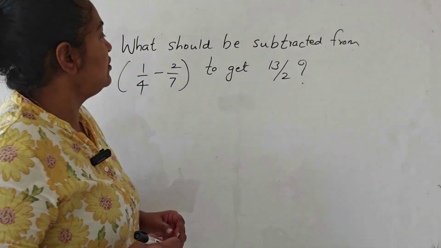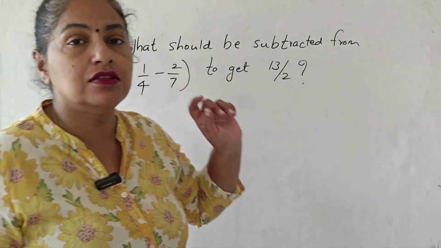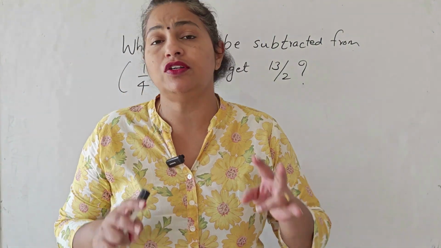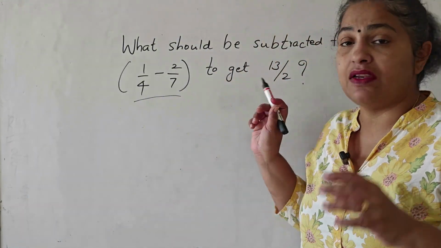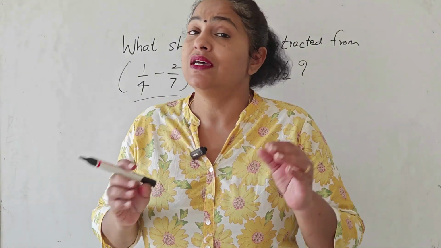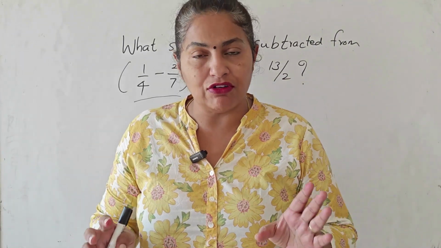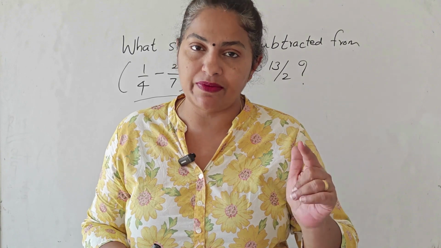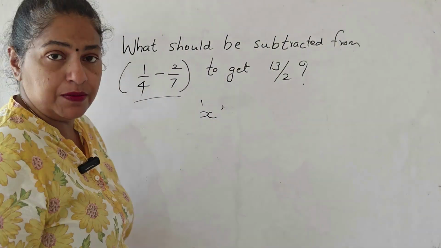What should be subtracted from 1 by 4 minus 2 by 7 in order to get 13 by 2? So here you have got two calculations. First we need to find this and then we need to find the unknown number that is to be subtracted. Okay. But before we proceed with the calculation, let us write down the steps properly. So we will take x as the number that is to be subtracted.